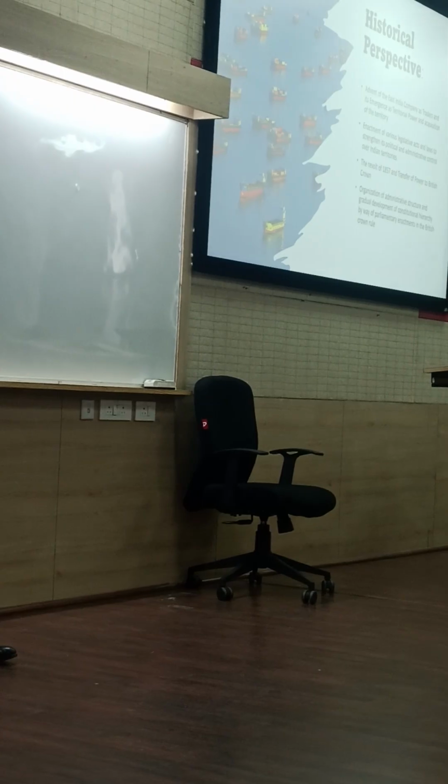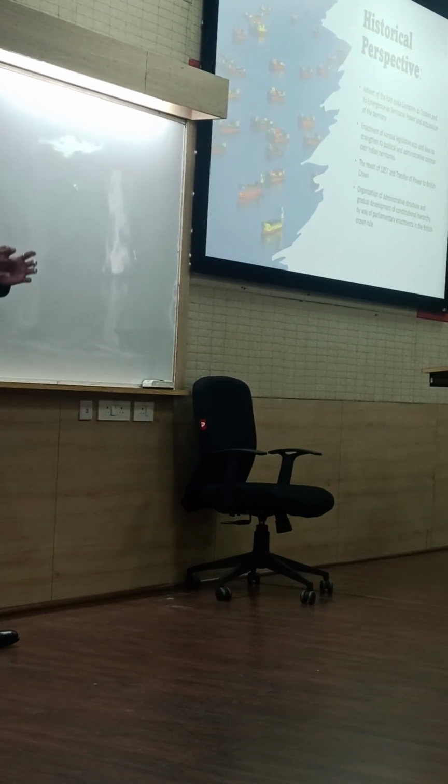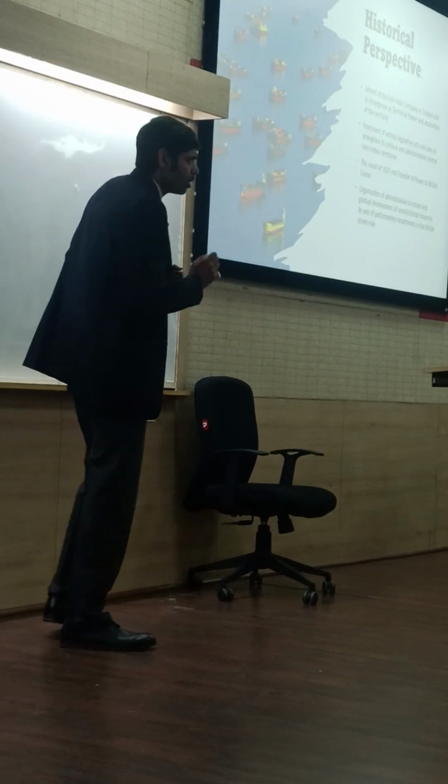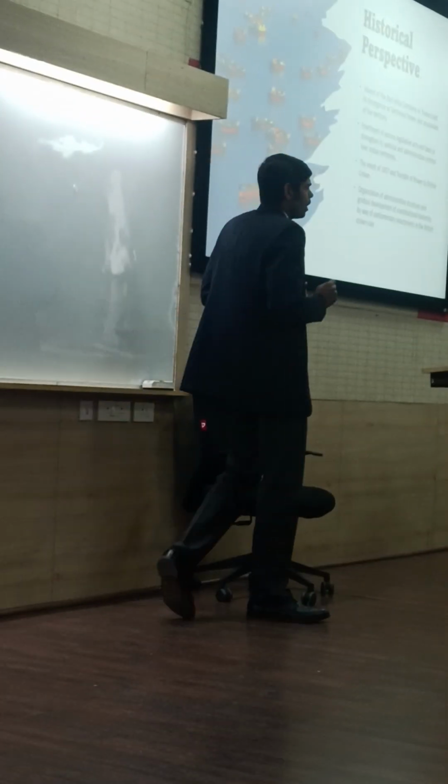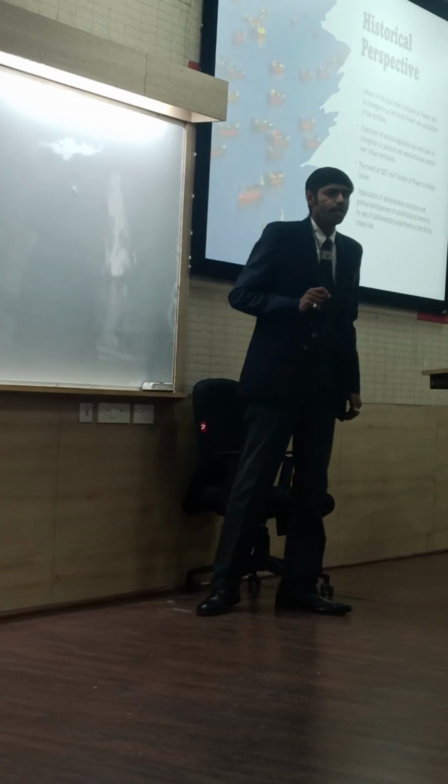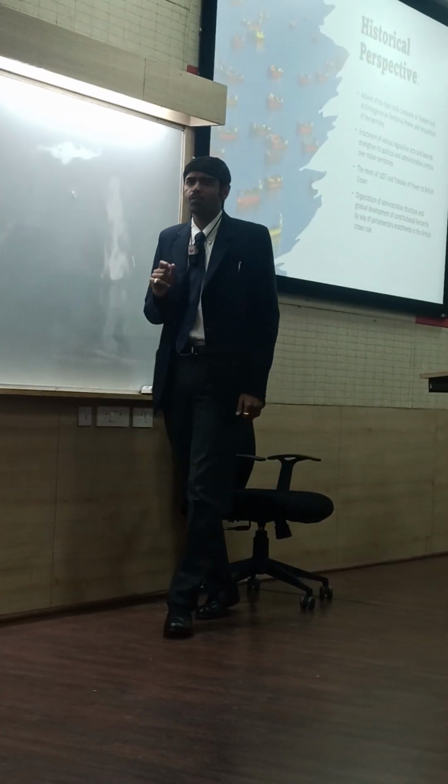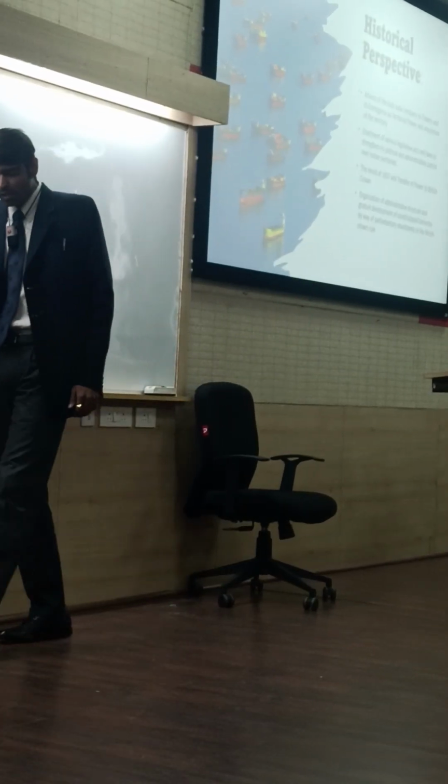The Britishers tried to change the entire system, and we are still continuing with a lot of things which were introduced by Britishers in India. So then I will come to the Act of 1909 and the Government of India Act of 1919. That created a kind of legislative bodies.